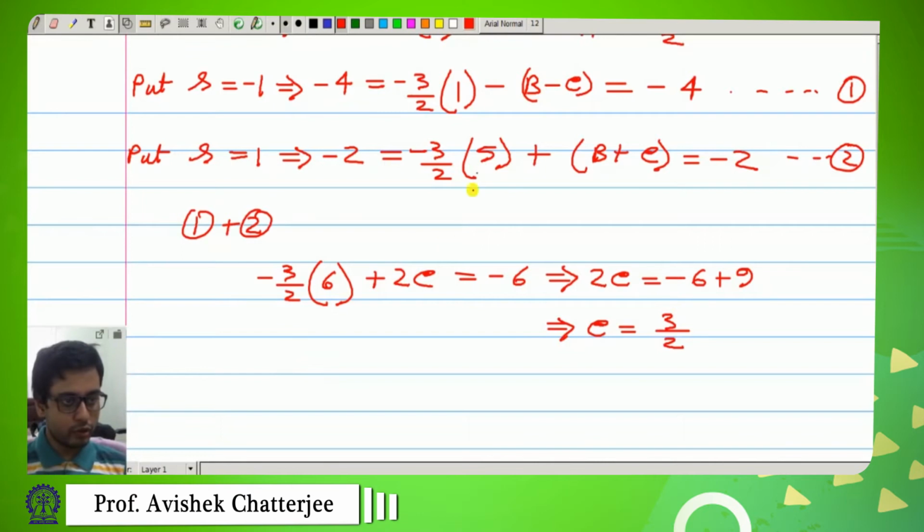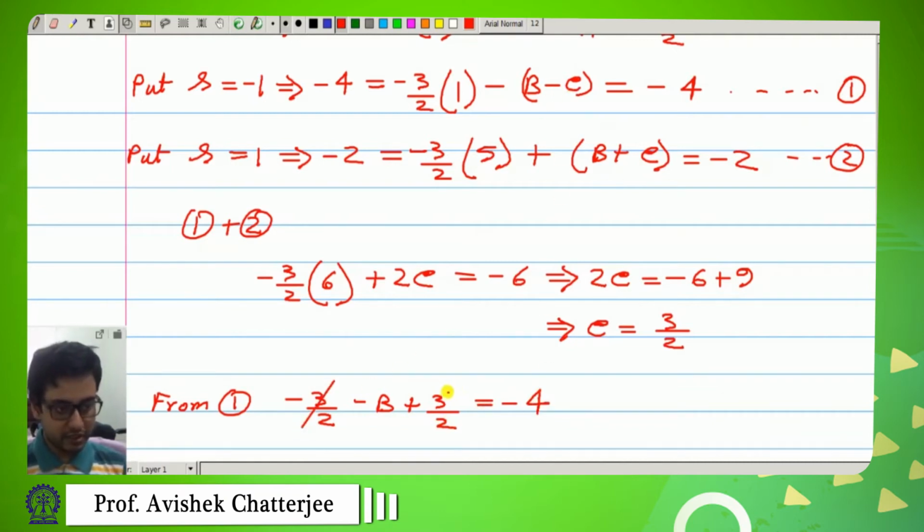Okay, so from equation 1 we have minus 3 by 2 here, then minus b, then plus c, which is plus 3 by 2, is equal to minus 4.